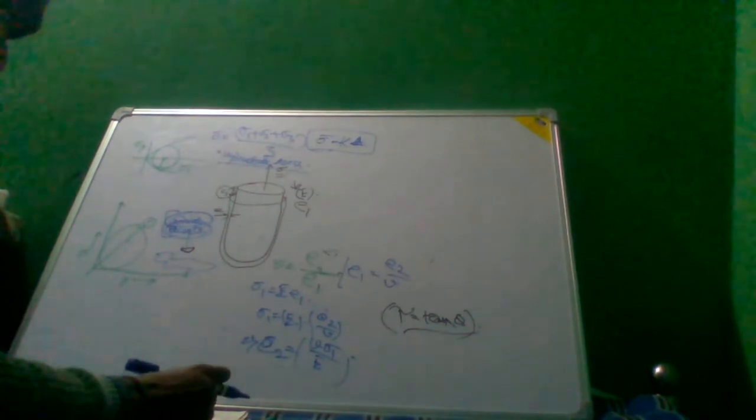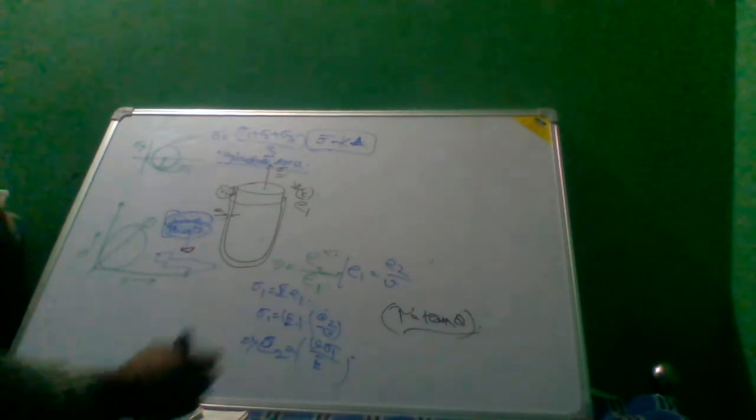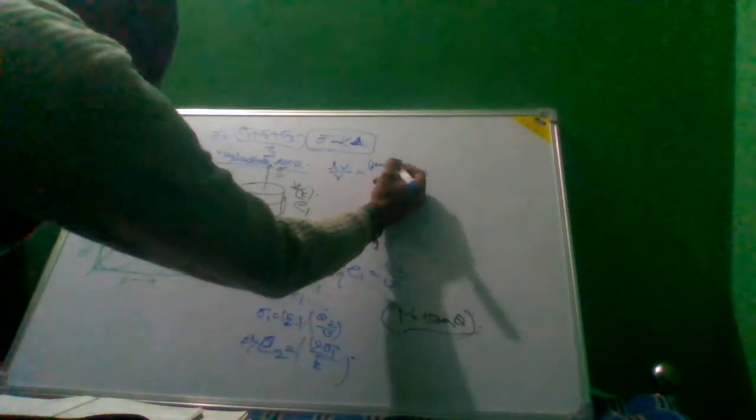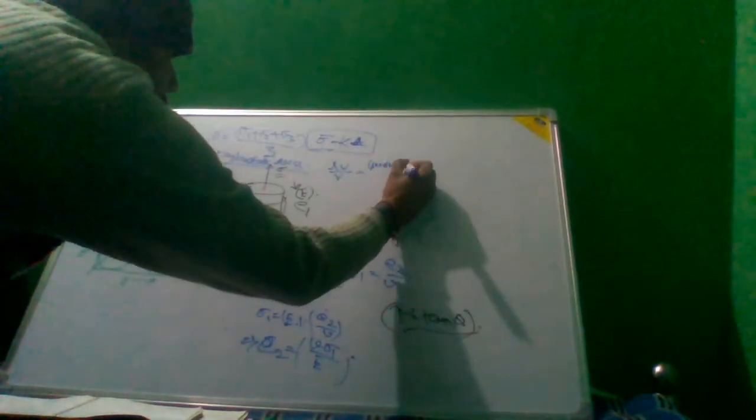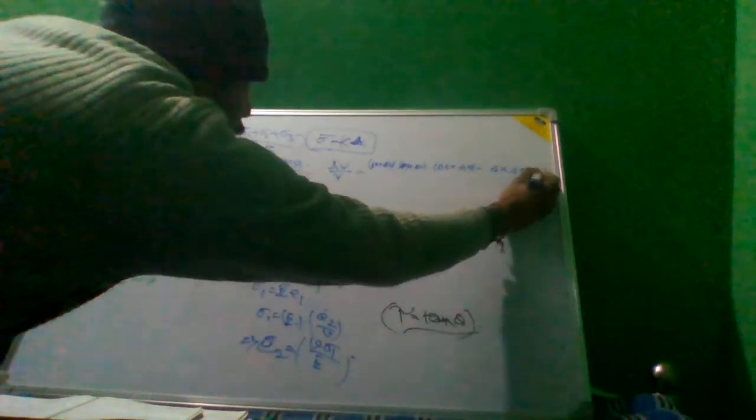If we consider that the undeformed element has sides of del x, del y and del z, then after the volumetric change, the change in volume del V will be (del x plus del u) into (del y plus del v) into (del z plus del w) minus del x, del y, del z, the previous volume.